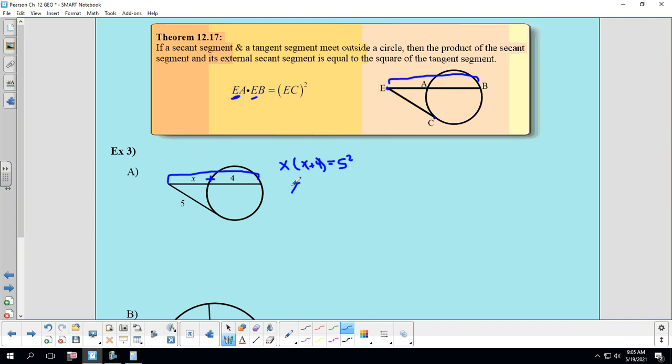So this is x squared plus 4x equals 25. We're going to move the 25 over, minus 25 equals 0.